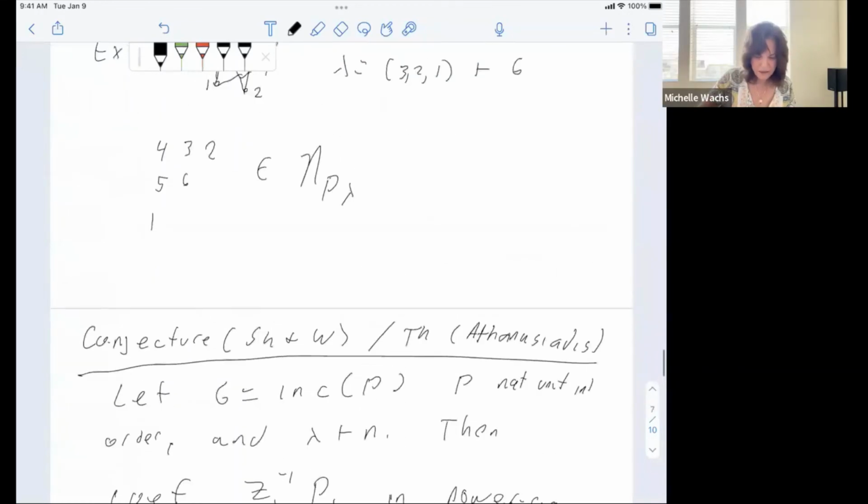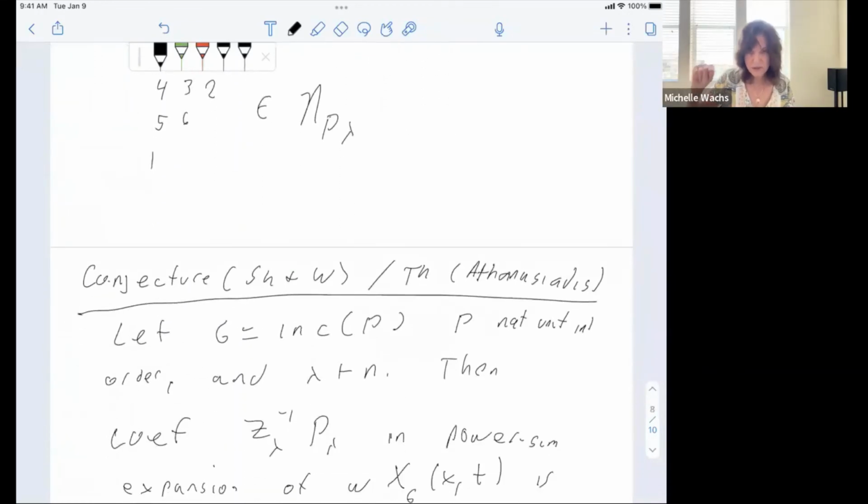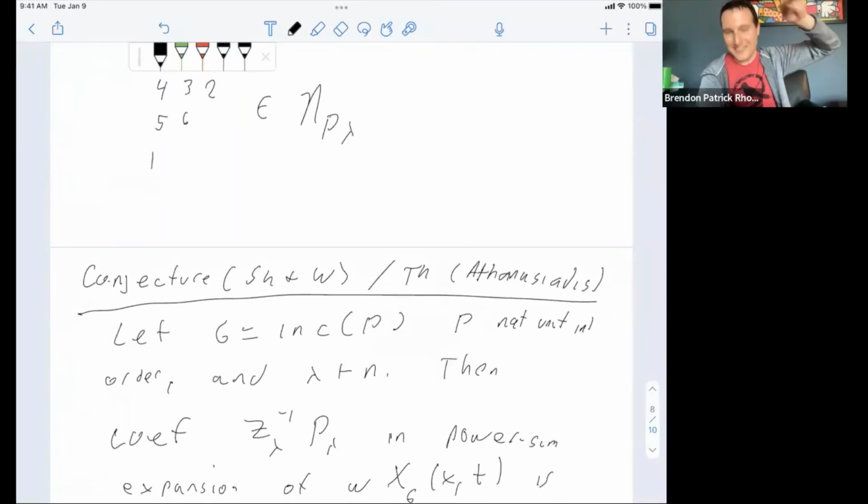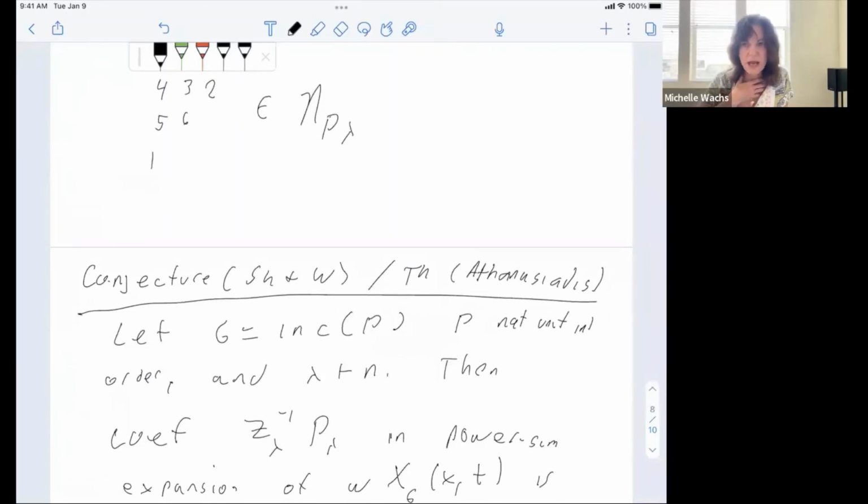No. I mean, the cycle, the naturally labeled cycle. When n is even, or I forget if it's even or odd, we have that it's always e positive.